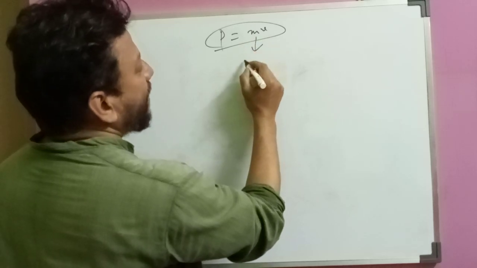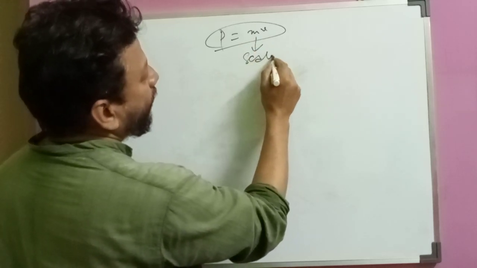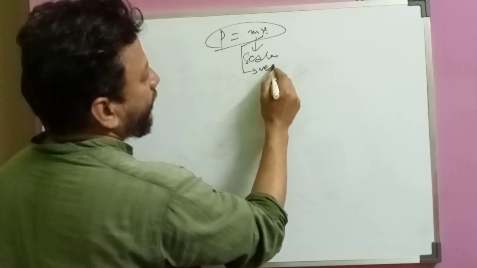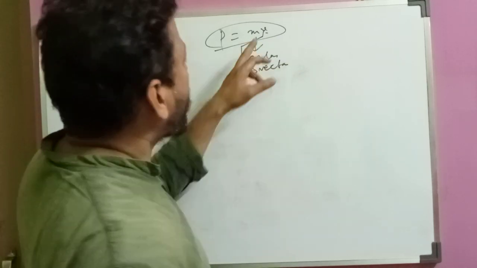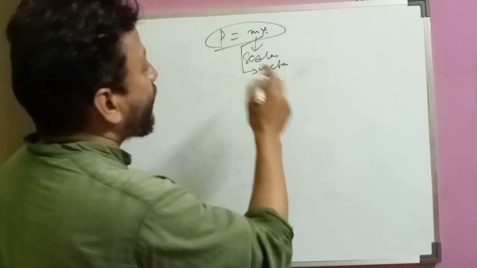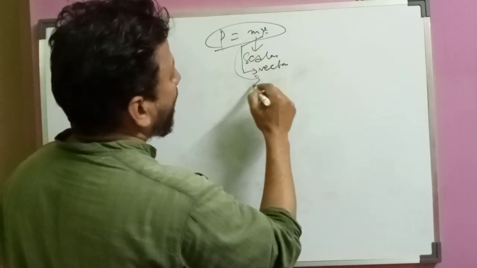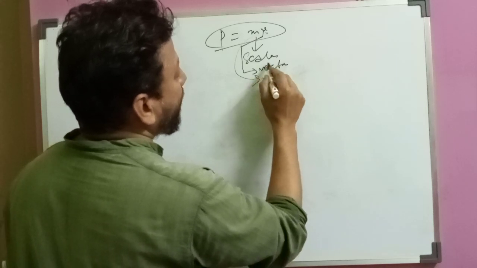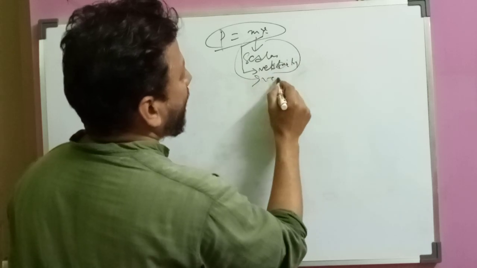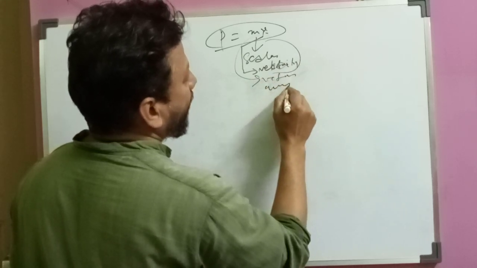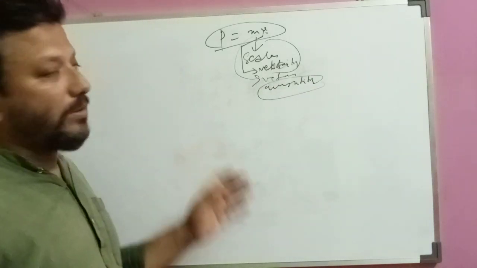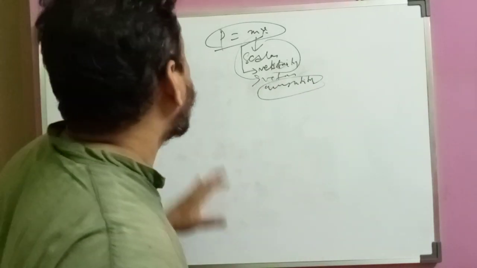What we know is that mass is a scalar and velocity is a vector. So mass into velocity is a product, and their product will be a vector quantity. So momentum is a vector quantity.